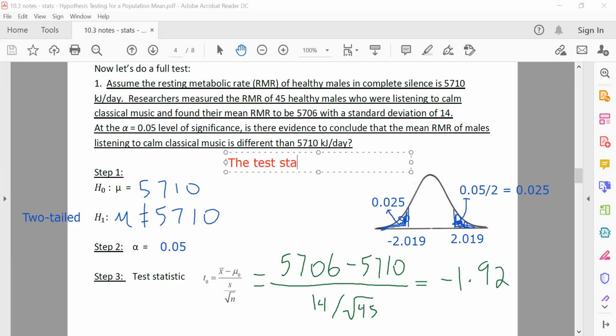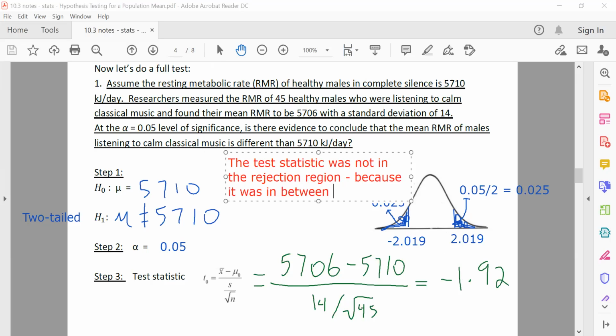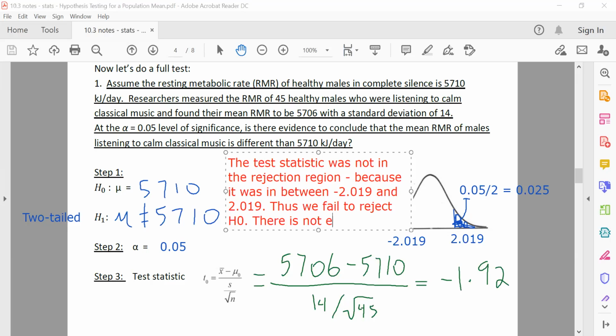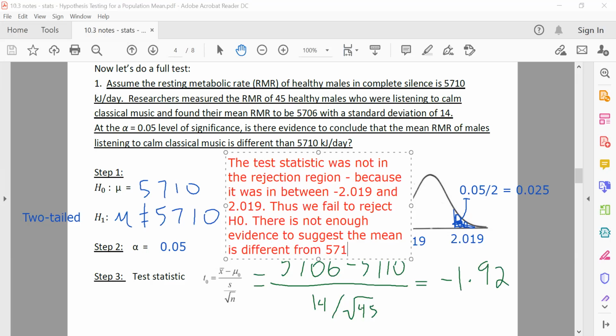The test statistic was not in the rejection region because it was in between negative 2.019 and positive 2.019. Thus, we fail to reject the null hypothesis. There is not enough evidence to suggest that the mean is different from 5710.